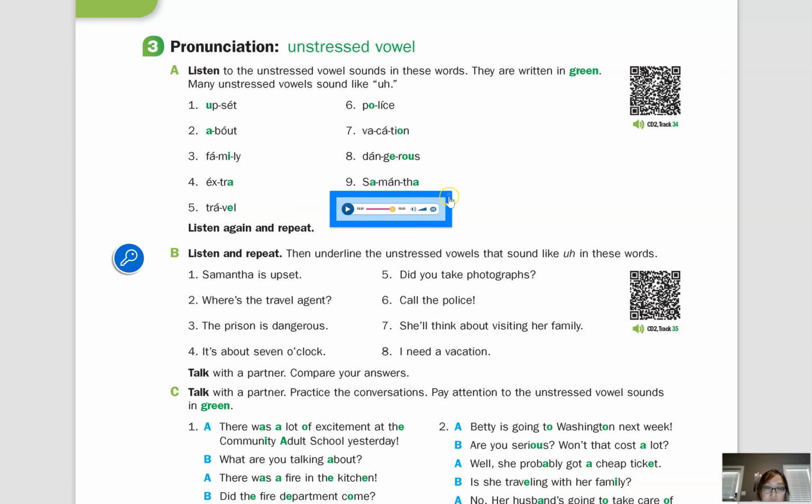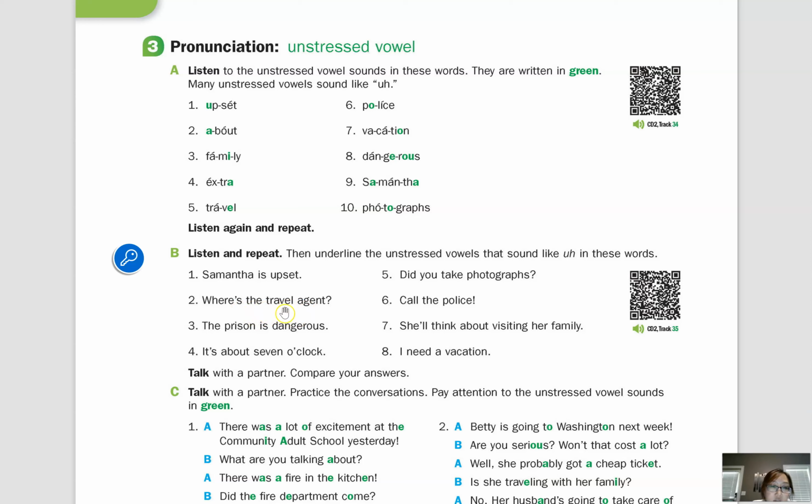If you look at number 1, Samantha is upset, and you can also see the "uh" for upset. Okay, where's the travel agent? In this case, you can underline the E here, the "uh." We often just say, where's the travel agent?